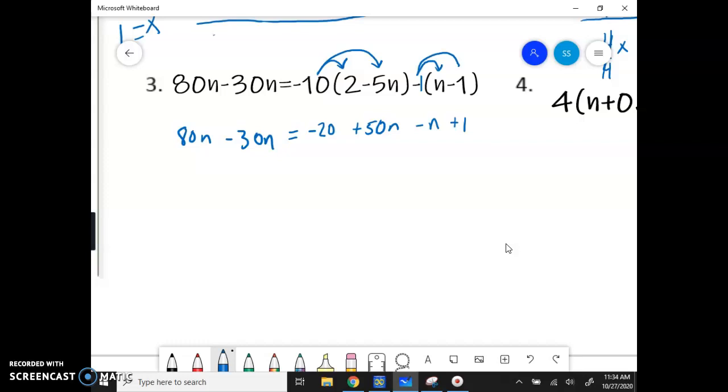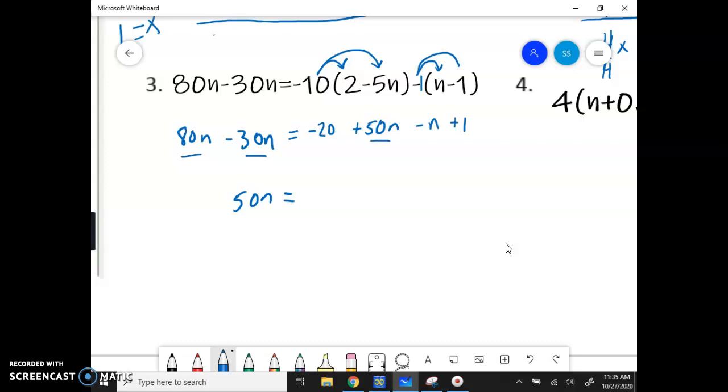Now we should simplify the expression on both sides of the equation. So this essentially just means combine like terms. Okay, so on both sides. So I should combine my n's over here. Okay, so I have 80 n's minus 30 n's. So that's going to equal 50n. And now I combine like terms over here as well.